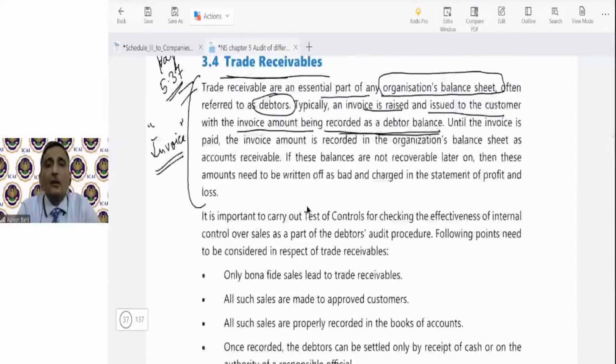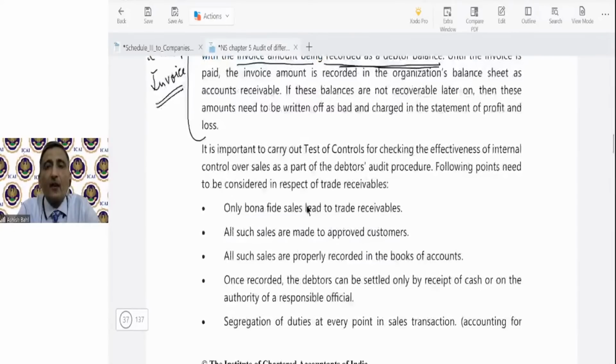So students, whenever there are trade receivables in the financial statements of an entity, the first and foremost thing for an auditor would be to understand the control system in respect of debtors.